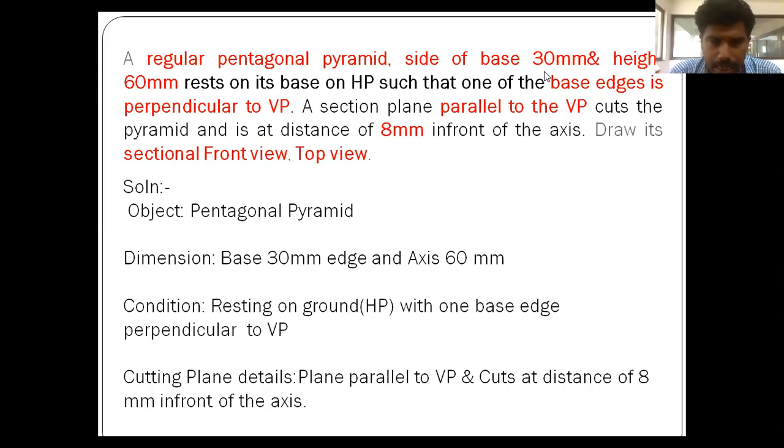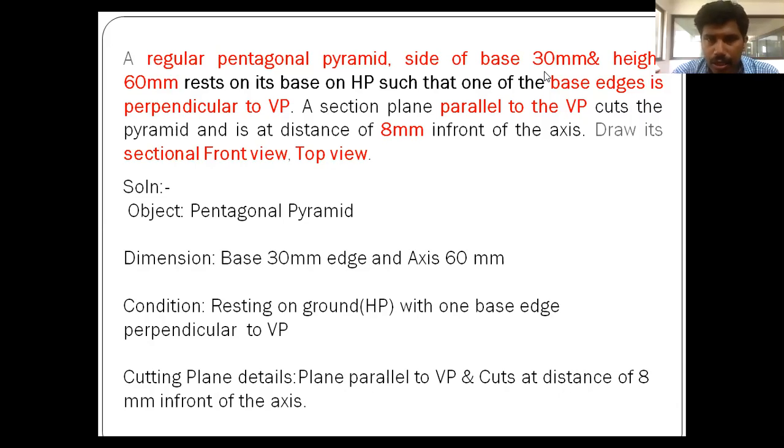Next condition, it is resting on the ground or HP, horizontal plane, with one base edge perpendicular to the VP. Next, cutting plane details. The plane is parallel to VP and cuts at a distance of 8 mm in front of the axis.